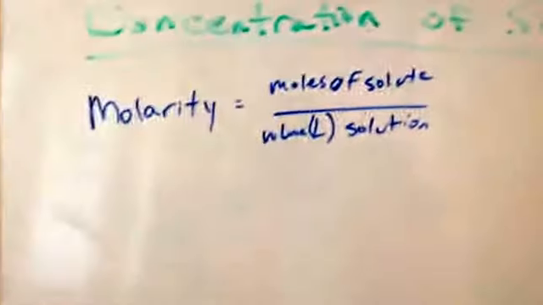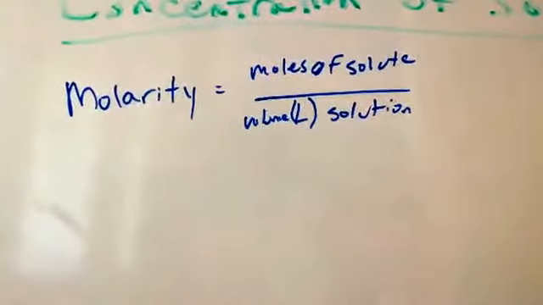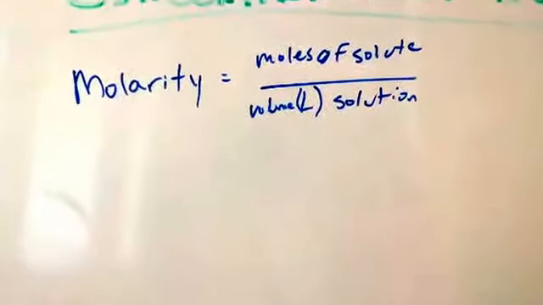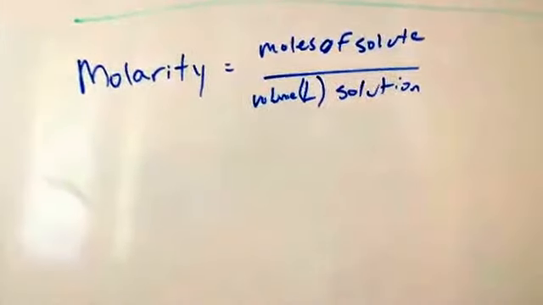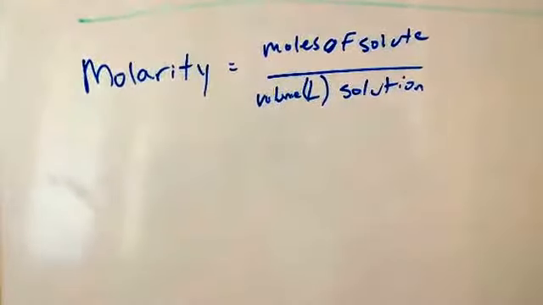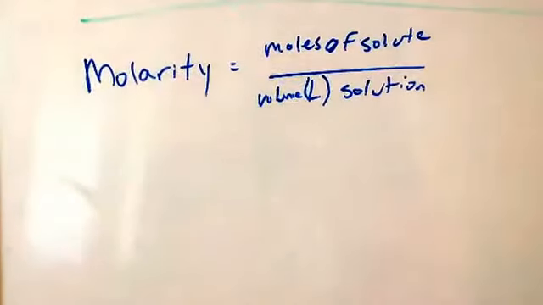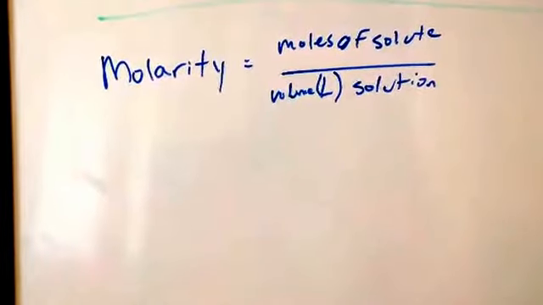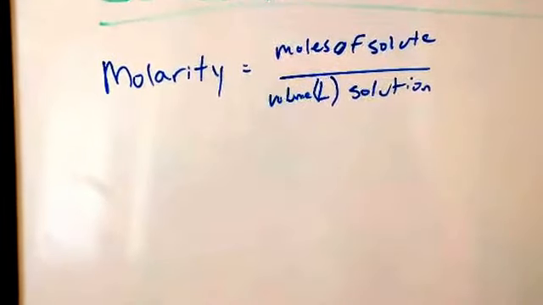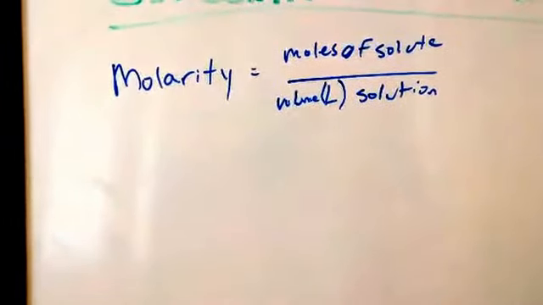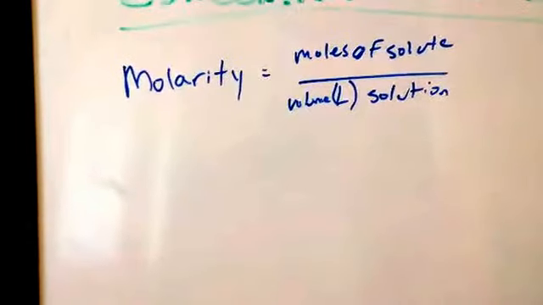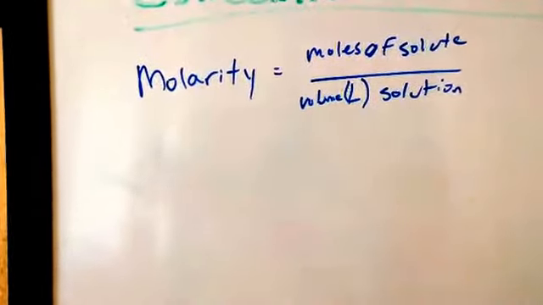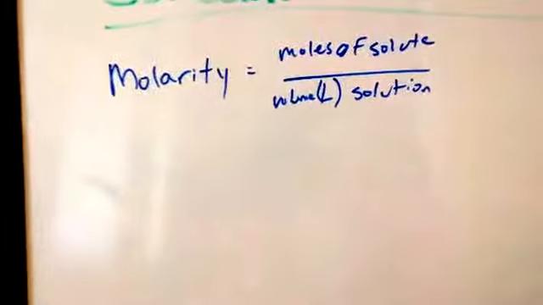Notice our volume in the denominator is in liters, and our moles, not grams, of solute are in the numerator. So moles per liter for molarity. Remember, the volume is the volume of the whole solution. This is not per anything else, so we don't need to multiply by anything here.